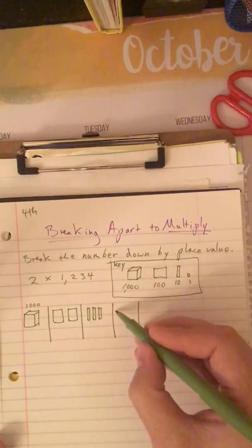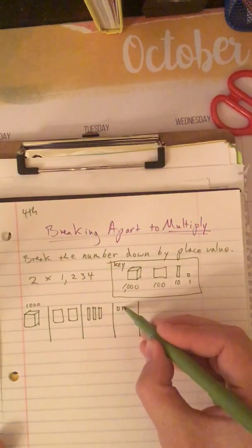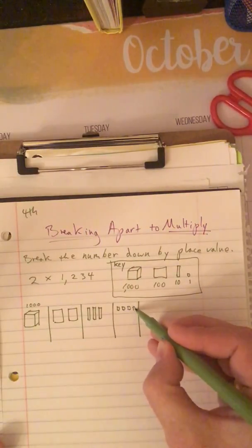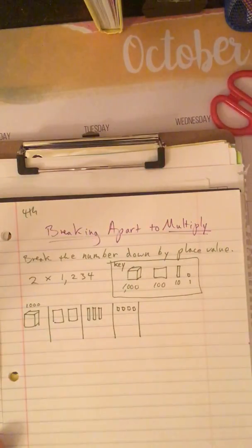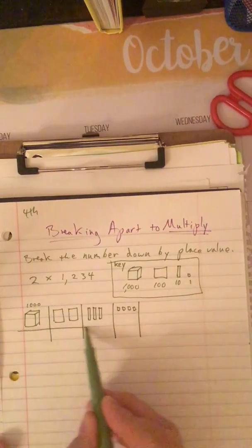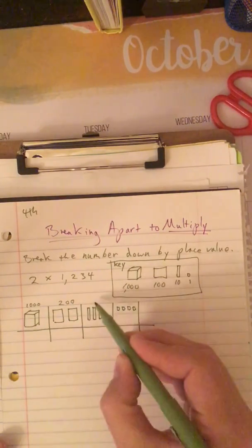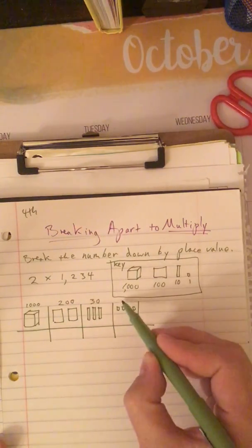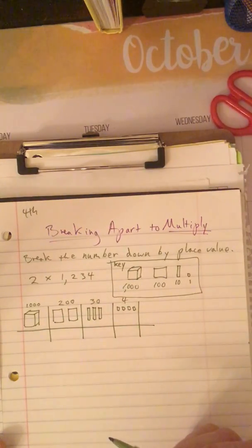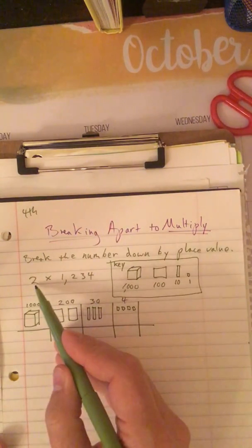And then we use 4 units. Now, this is 200. This is 30. And this is 4.